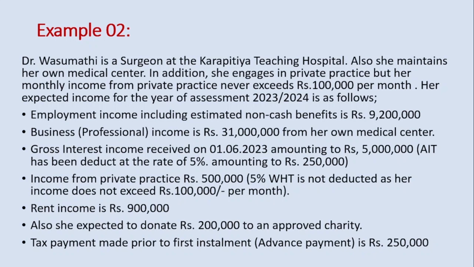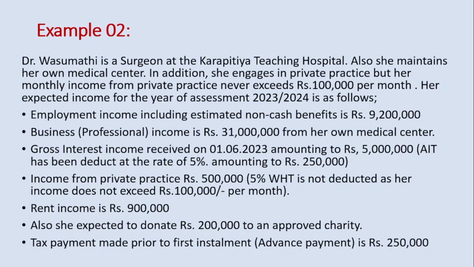Employment income including estimated cash and non-cash benefits is 9,200,000. In this example, Dr. Vasumati has only primary employment, no secondary employment. Then the business income: she has two businesses, her own medical center, and she provides service to a private hospital.